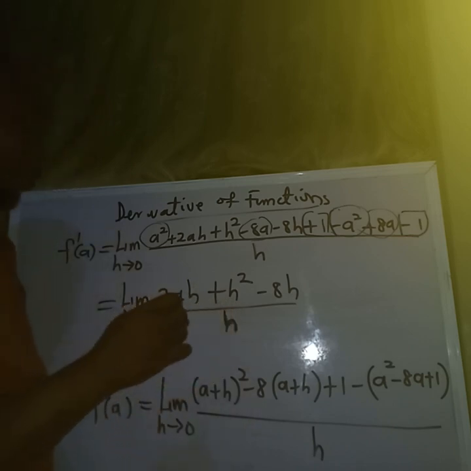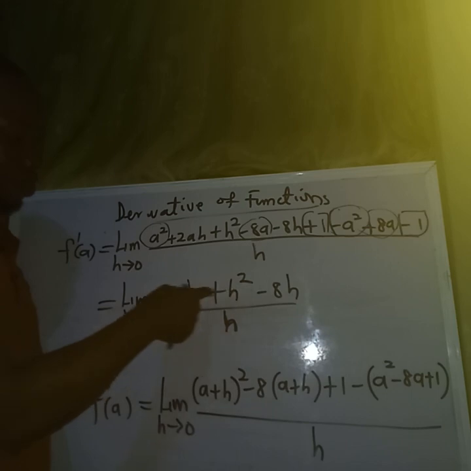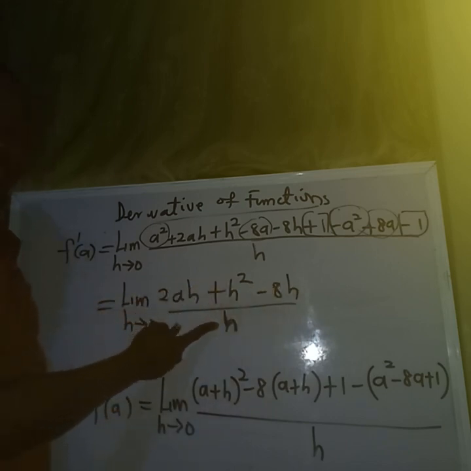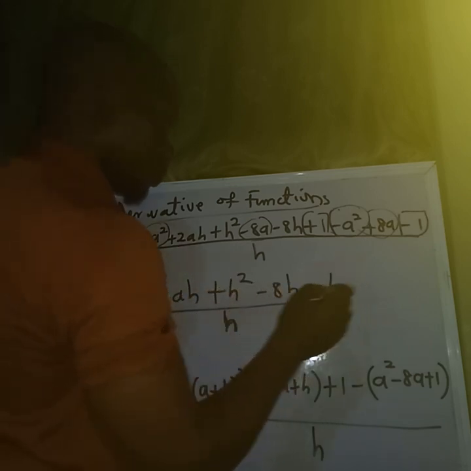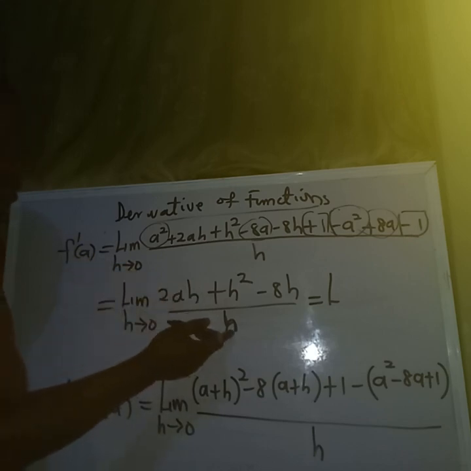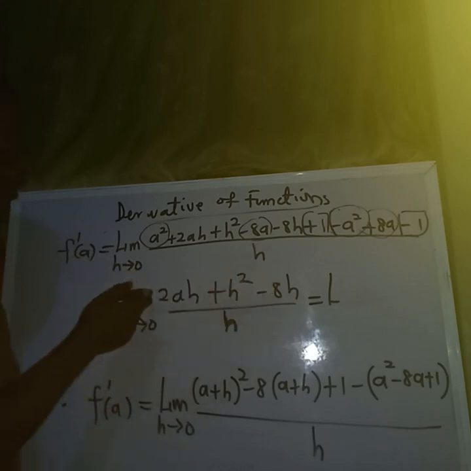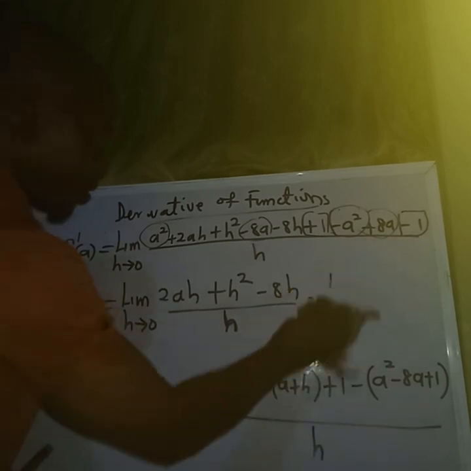We see that there exists at least one term of h in each term of the numerator, so we can factor one h out, which will eventually cancel the h in the denominator.